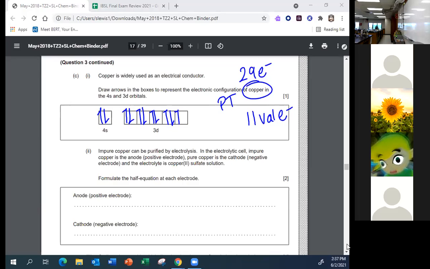Now, unfortunately, copper is an exception to the electron configuration rules. Instead of filling the 4s first, it sort of combines these energy levels as being very close to each other. And one of these 4s electrons actually gets paired up over here so that we have a totally filled sublevel of 10 electrons.